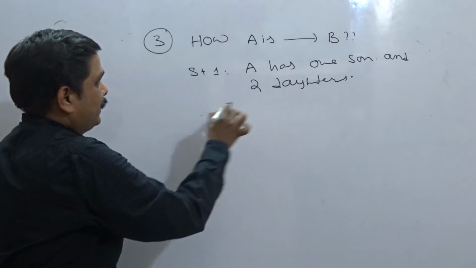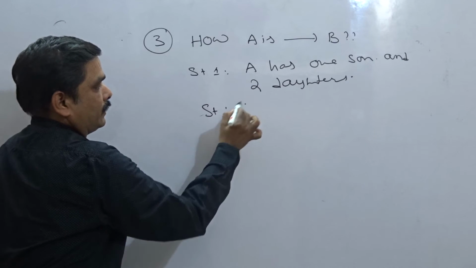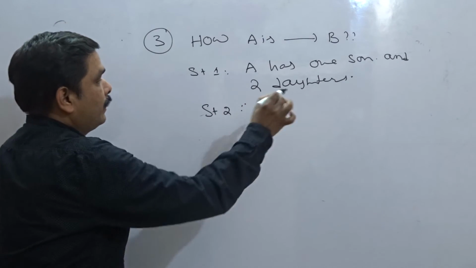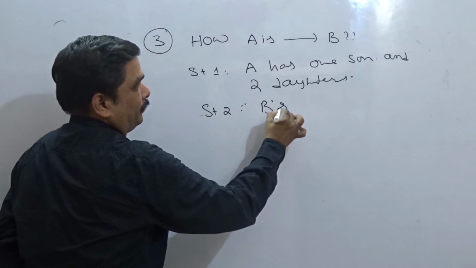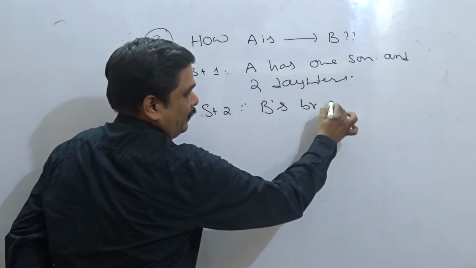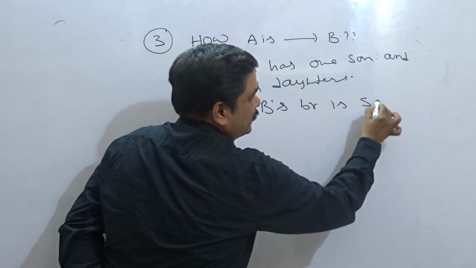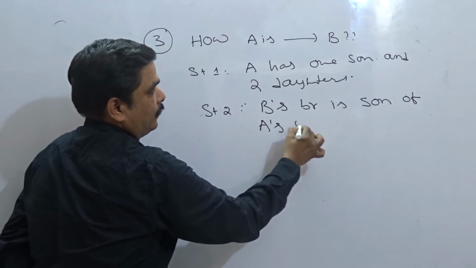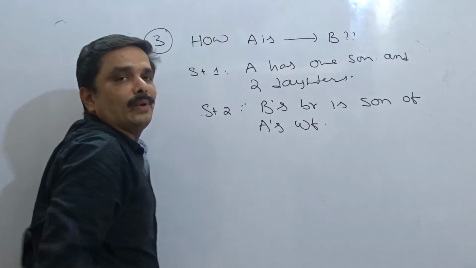Statement 2 they have given in this way: B's brother is the son of A's wife.